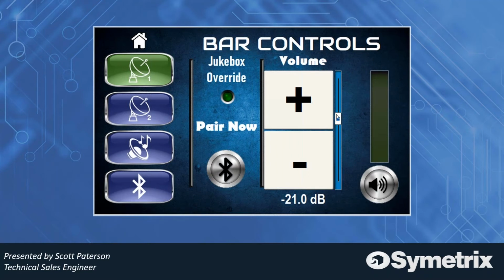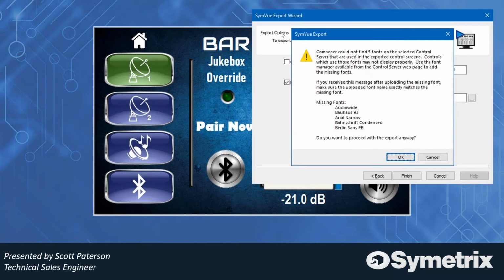All right. So when you go to export this control screen to the control server, it's just like exporting to a T5. It's just like exporting to SymView for controls, for PC, I mean, with a little bit of a difference. You are usually hit with, at the end of the process, this warning.